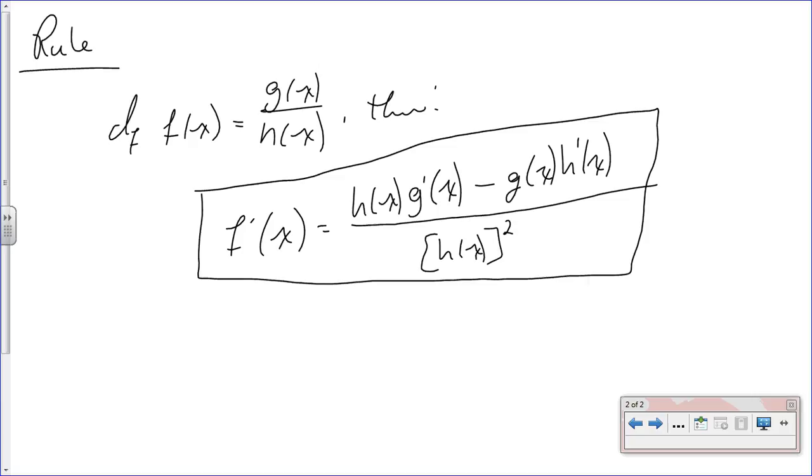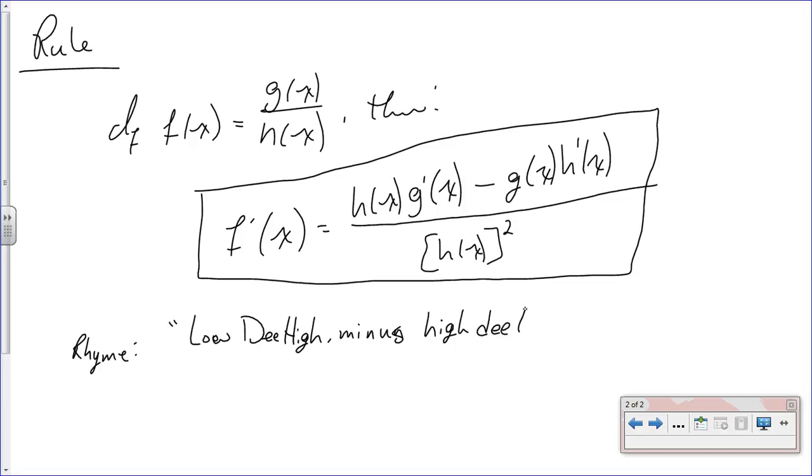All right. Now, I gave you a rhyme for the last one. Here's a little rhyme I found for this one. I didn't make these up if you're wondering. It's low D high minus high D low, square the bottom and away you go.